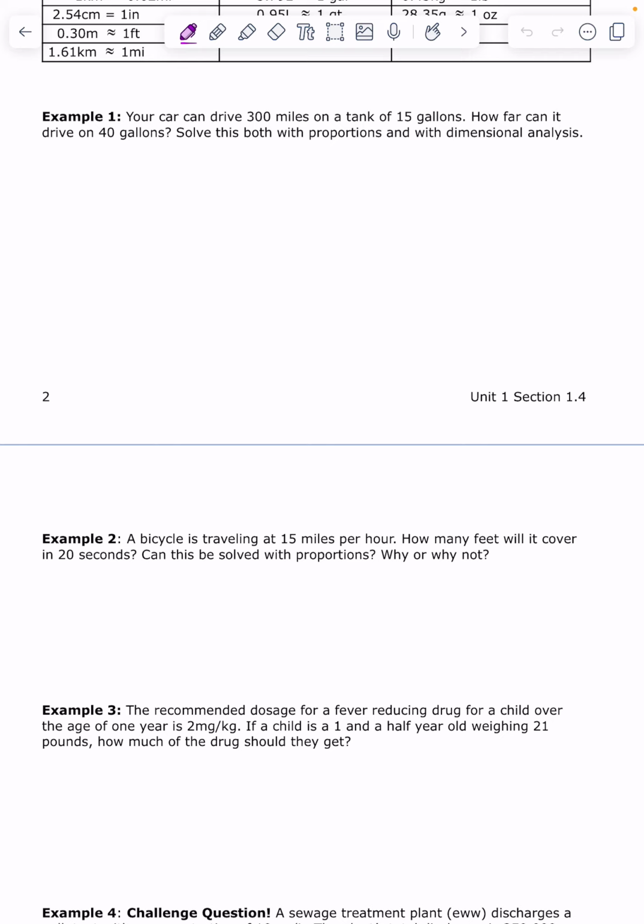So we're going to solve it with proportions and with dimensional analysis. So I'm going to make a line here. So over here, I'm going to put proportions, because I don't need as much room. Let me see if I can spell proportions correctly.